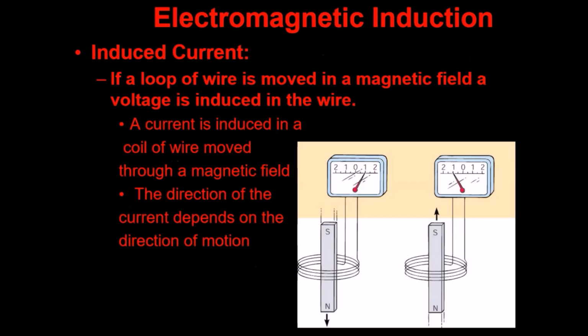As we discussed before, if we take our magnet and put it through a coil, we can bounce that magnet up and down and we can generate a current. As this magnet moves through this wire, the charges in this wire will feel a force, and that will generate what we refer to as a current.